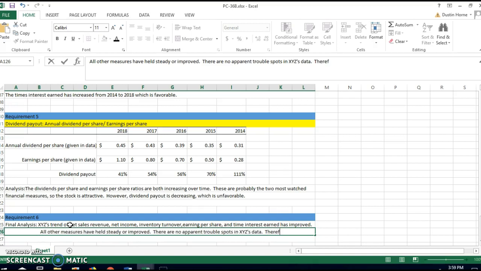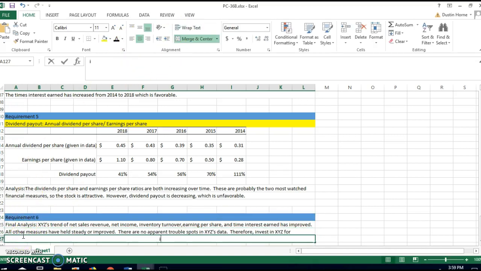Therefore, invest in XYZ for increasing dividends per share and steady growth. And that concludes requirement 5 and 6.